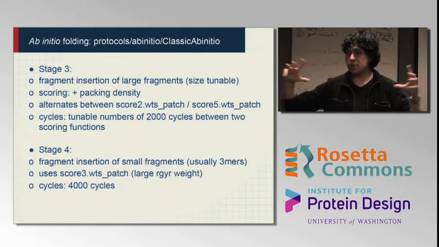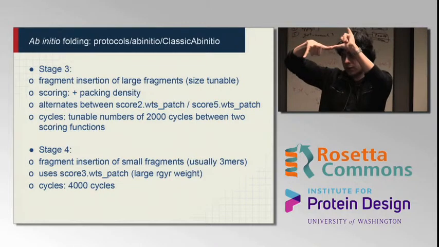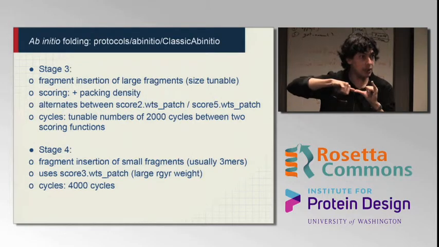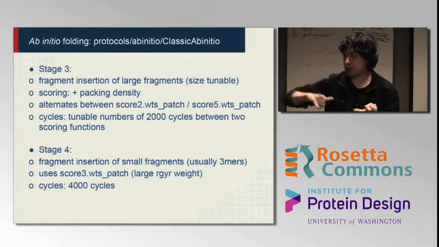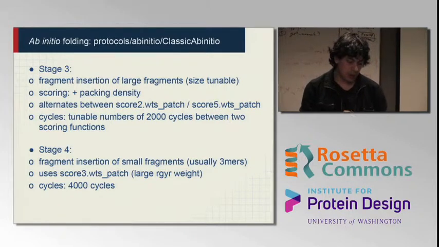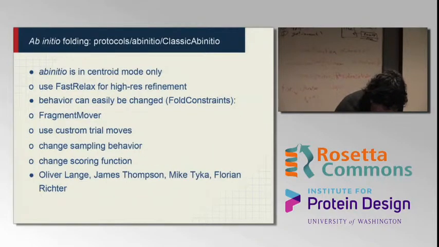When you're moving n-mers, you have this protein which is almost locked in the correct position, right? But you move an n-mer, and now you suddenly, because of the lever arm effect, have a protein that has a completely different conformation, because all the change propagates along the chain, right? So in the last stage, you are doing these small changes with trimers, right? And then you are using another scoring function.